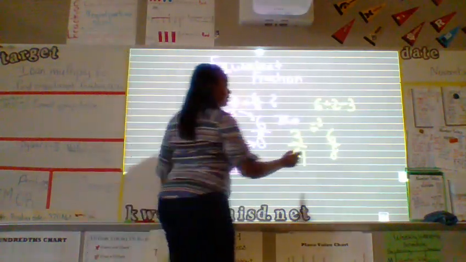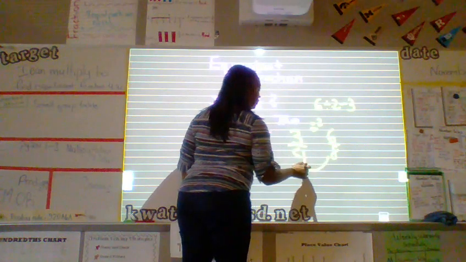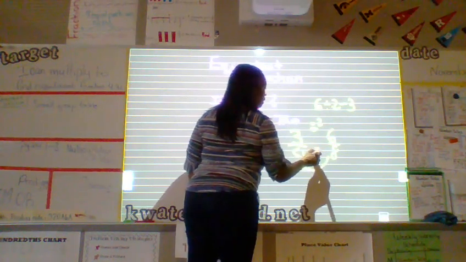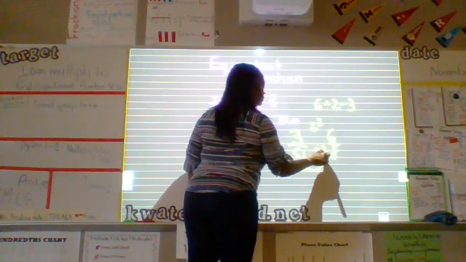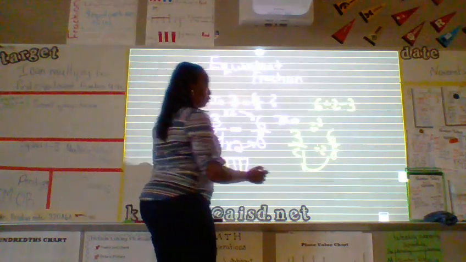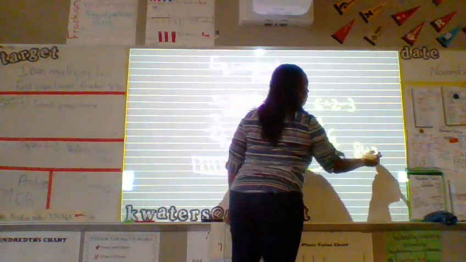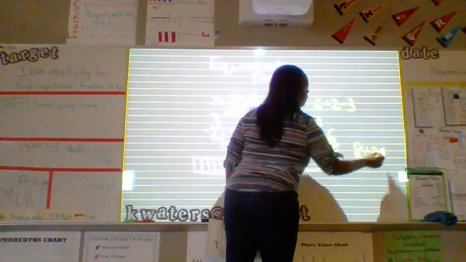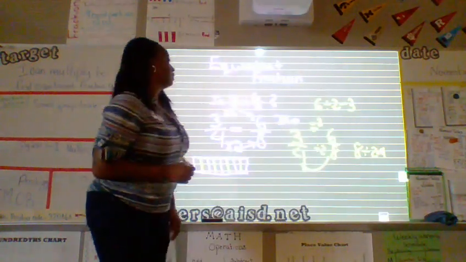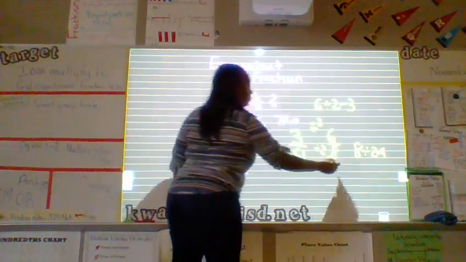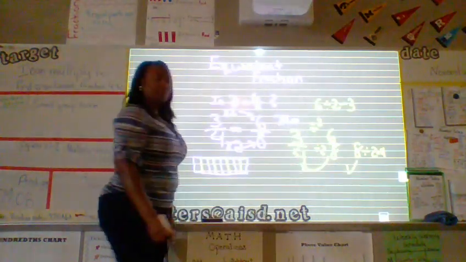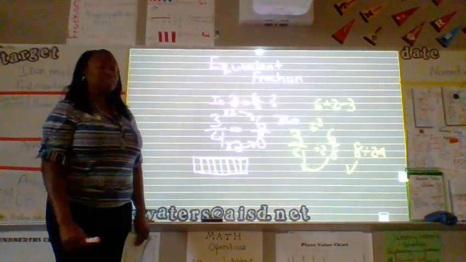8 can also be divided by 2 to make equal groups of 4. So yes, this is a true statement again: 3/4 is equal to 6/8.